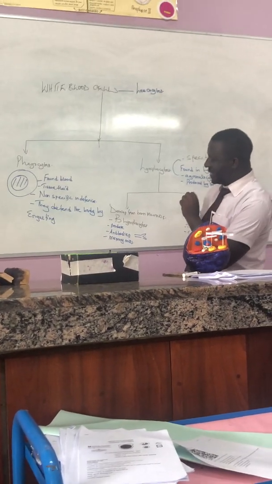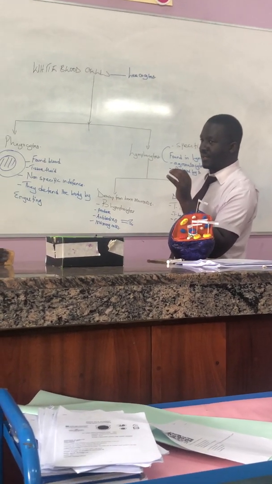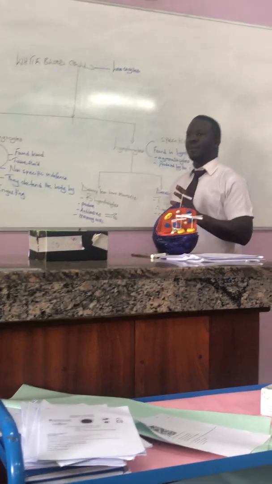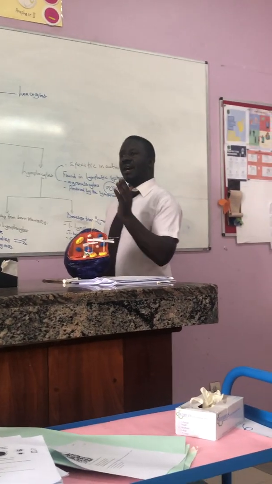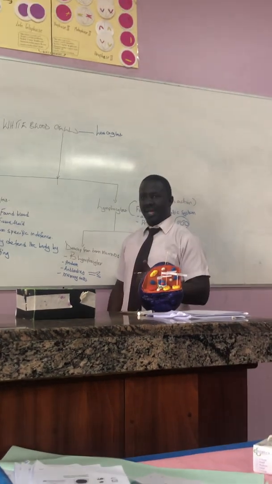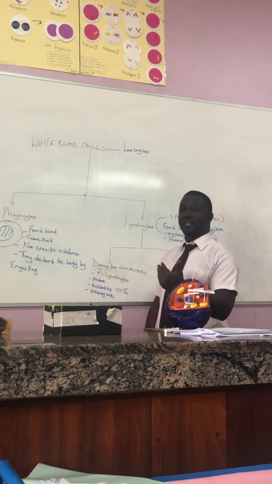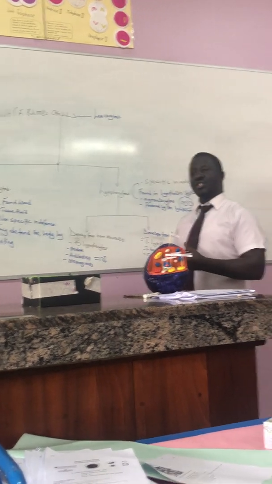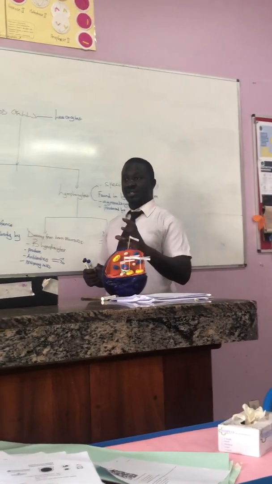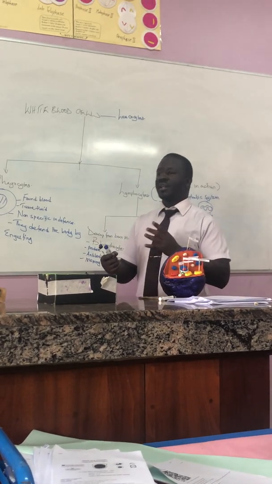The antibodies are very specific to the antigen they attack. If you remember, antibody A attacks antigen A, and therefore both cannot live in the same blood. Antibody B attacks antigen B, and when they attack each other there is agglutination.